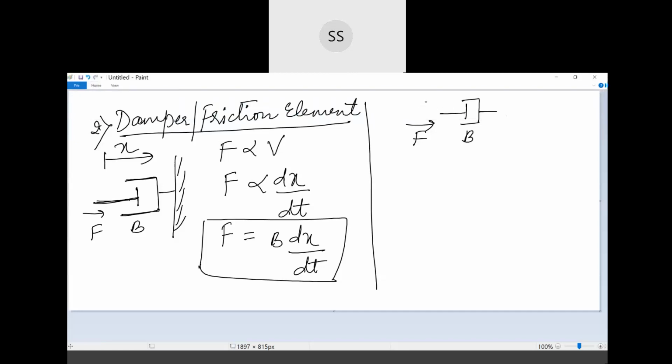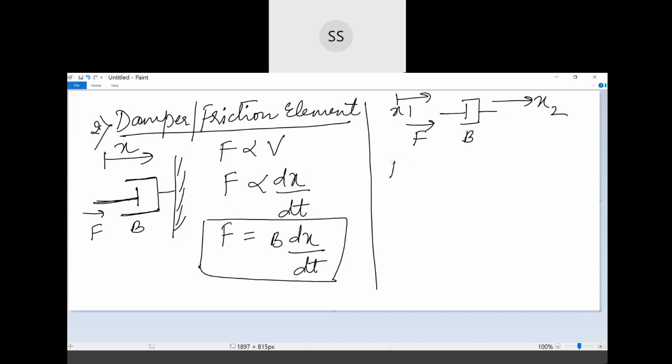This end is associated with displacement x1, whereas this end experiences a different displacement x2. So now the two ends of the dashpot are under different displacements.